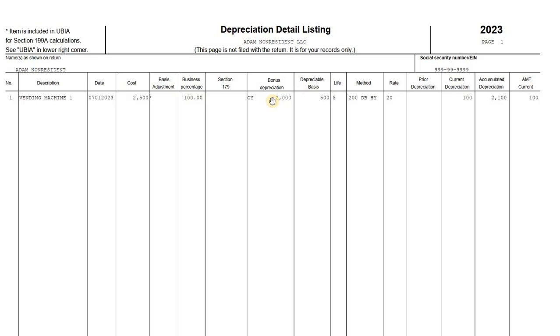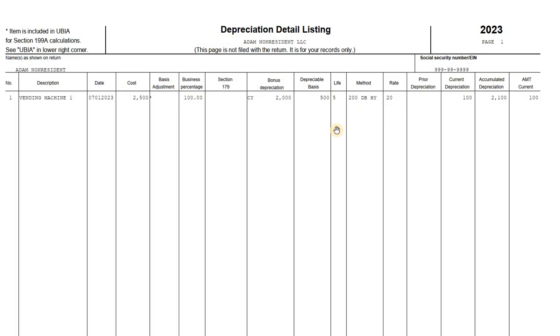In 2022 and prior years, you got 100% bonus depreciation. Now that's changing. It's slowly coming down over the next few years. So in 2023, we've got 80%. The remaining depreciable basis is the difference there. That's $500, and that's depreciated over a 5-year lifespan under the MACRS 200% declining balance method.